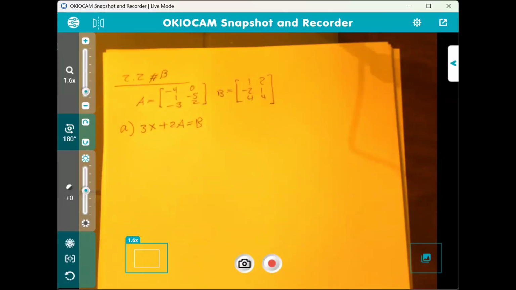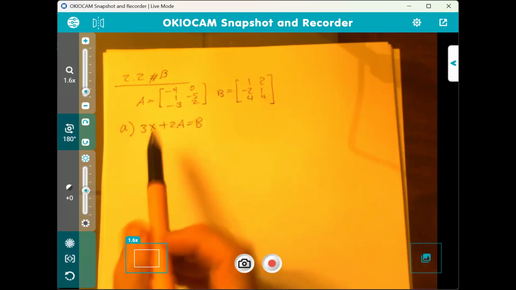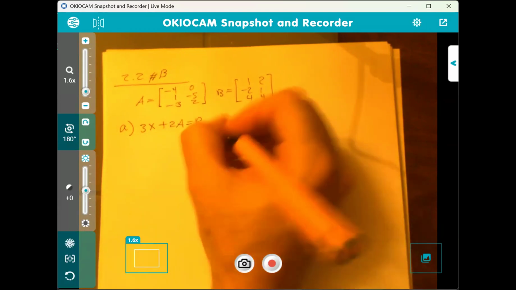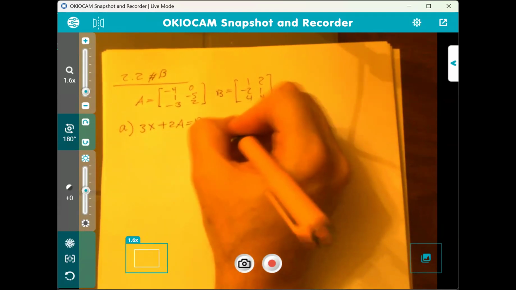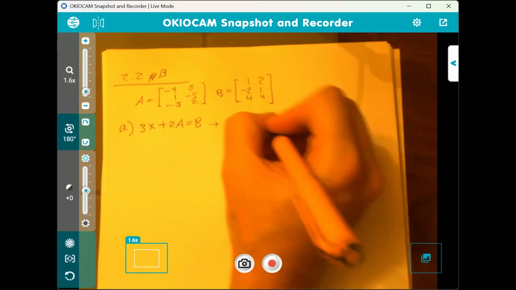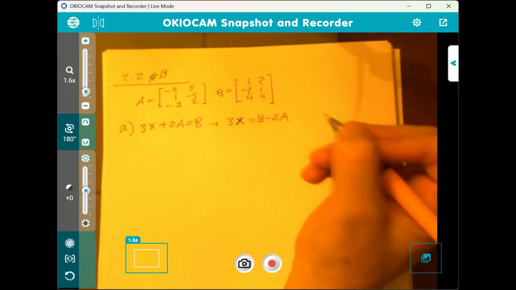To do this, it's just like doing an algebraic equation. We're going to isolate x, right? So I'm going to write 3 times matrix x is equal to b, subtract 2a from both sides.